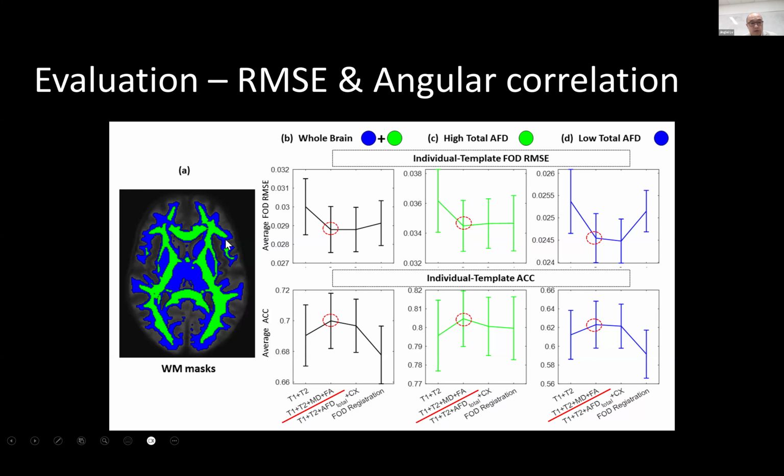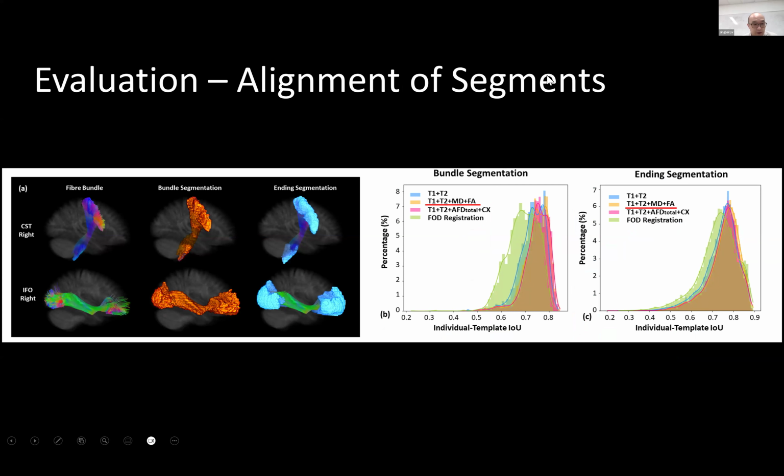Another evaluation was done through the tract segmentations. Again, we mirror the individual template alignment, and this light green distribution shows the individual template alignment for the single modal registration, and these other colors indicate the individual template alignment for all the multimodal methods.